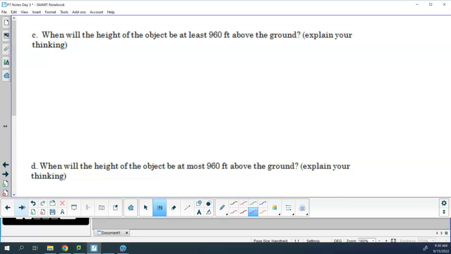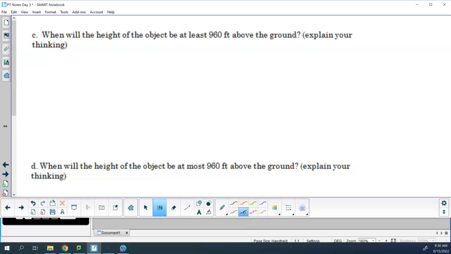Like greater than, less than, or greater than or equal to, less than or equal to? With the equals part? Do we agree with the equals part? Because at least means it still could be 960, right? Or I could have said brackets or parentheses. So what is my brackets or parentheses? Brackets. And what's going to go in between them?